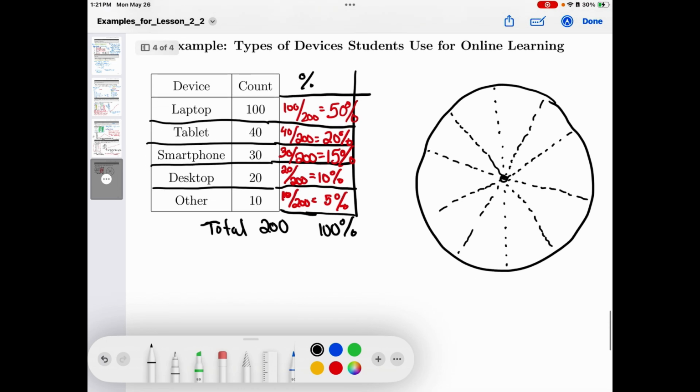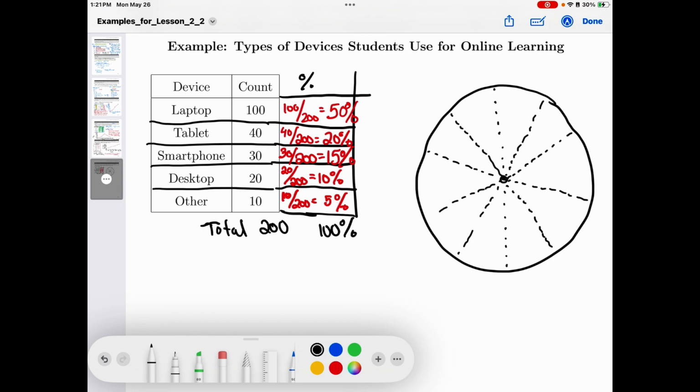When you create a pie chart, another thing you need to do is make a key. So while you're making it, keep track of your categories. For example, for the laptop category, I'm going to make that green. That consists of 50% of this circle.